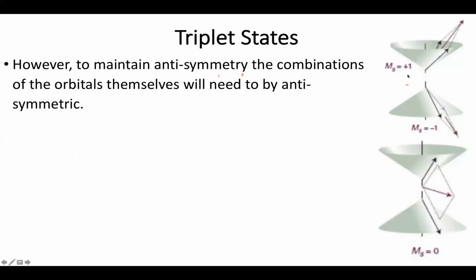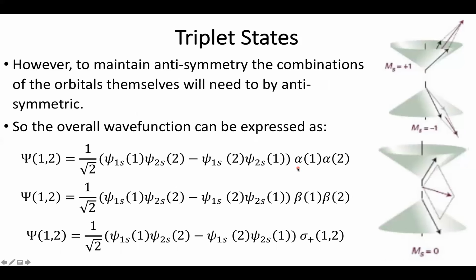So I can take the spin components that I already had, either both up, both down, or moving together. And now the antisymmetry has to be in the orbitals themselves. So let's take, if both of my electrons are spin up, well, I can have my first electron in the 1s orbital and my second electron in the 2s orbital.